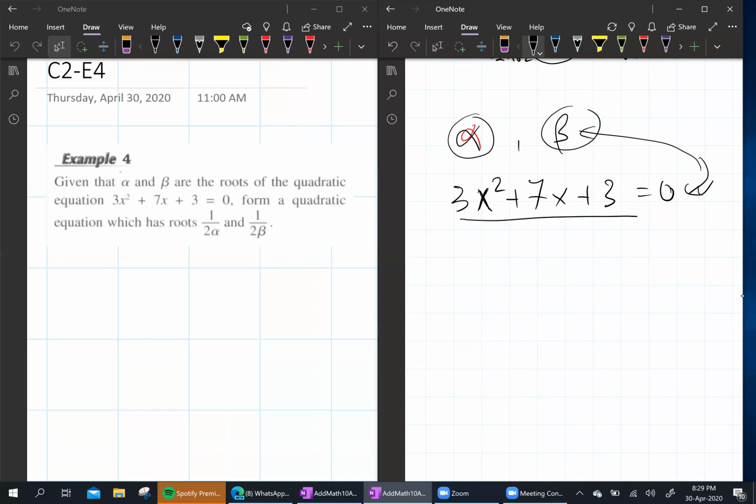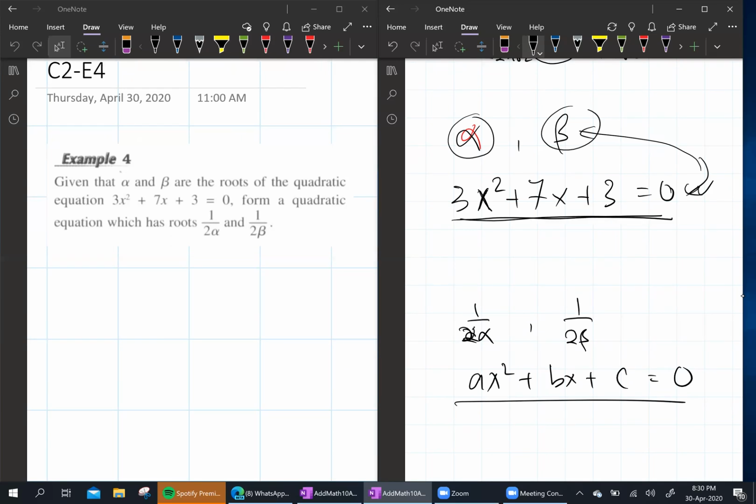The question wants you to find another equation where your roots are 1 over 2 alpha and 1 over 2 beta. They tell you that this equation has got these roots. They want you to find another equation with these roots.